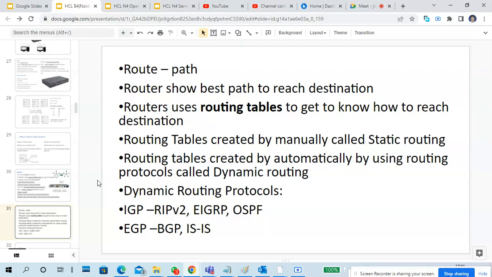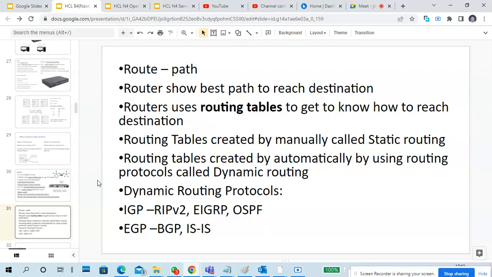This is called dynamic routing. The dynamic routing protocols are IGP and EGP, interior gateway protocol and exterior gateway protocol, meaning inside the autonomous system and outside the autonomous system. The wording is again very big, so don't go into that. I'm only telling the names.